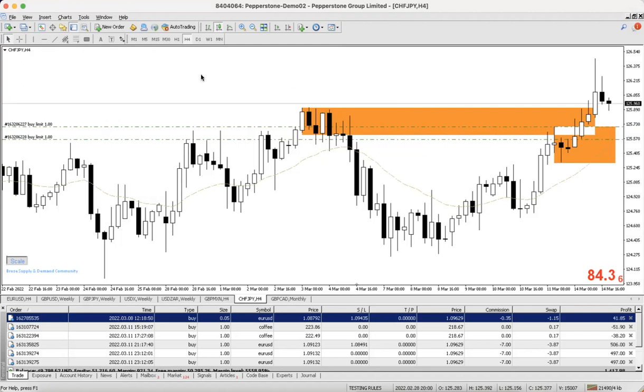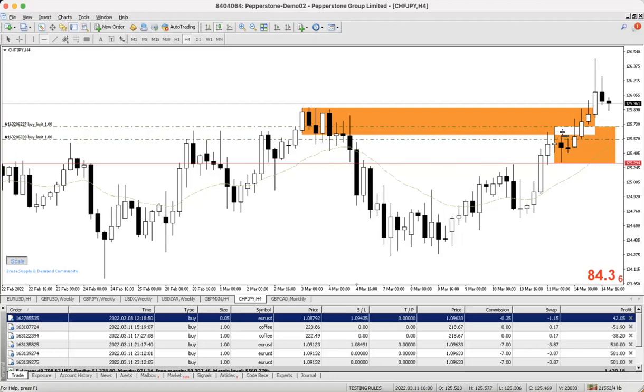My stop loss will be here at 125.294, okay. Why? Because I'm expecting price to come down to test this area and go up.